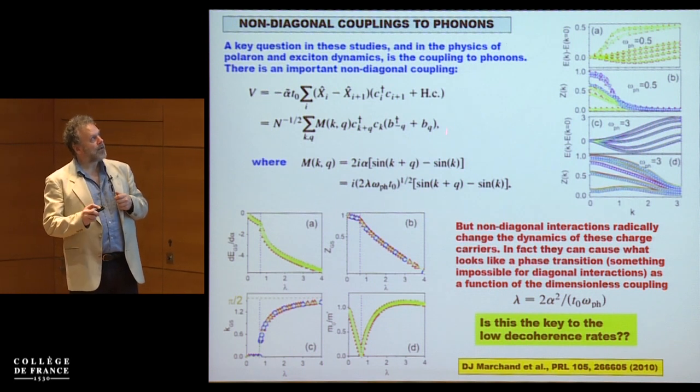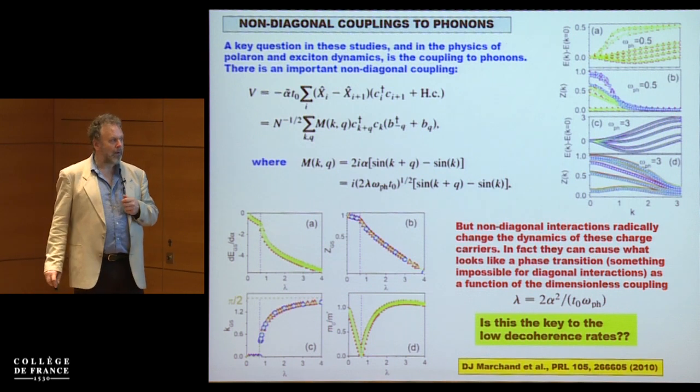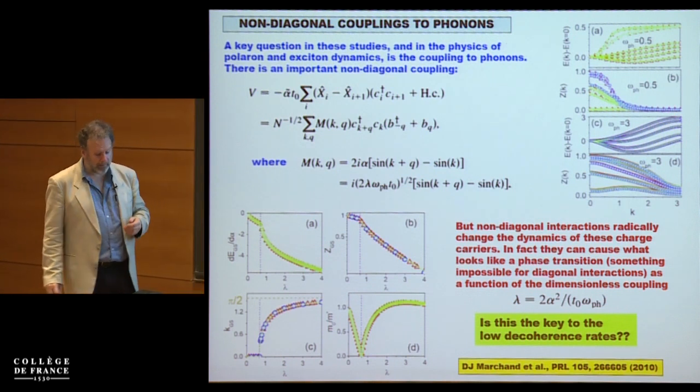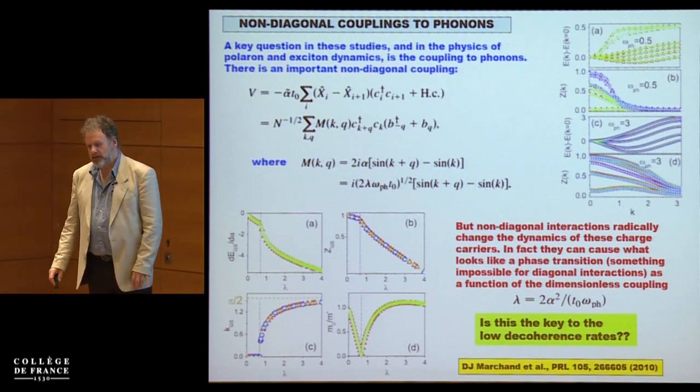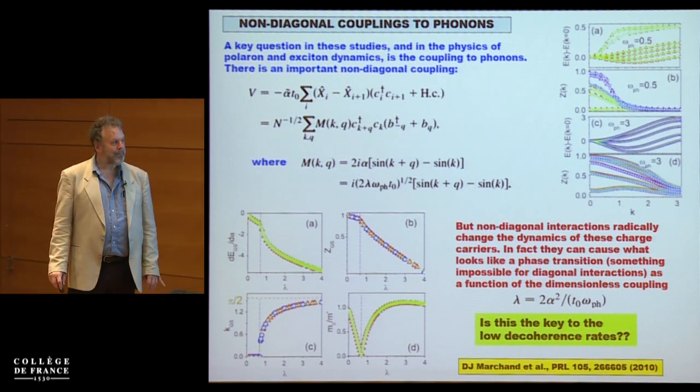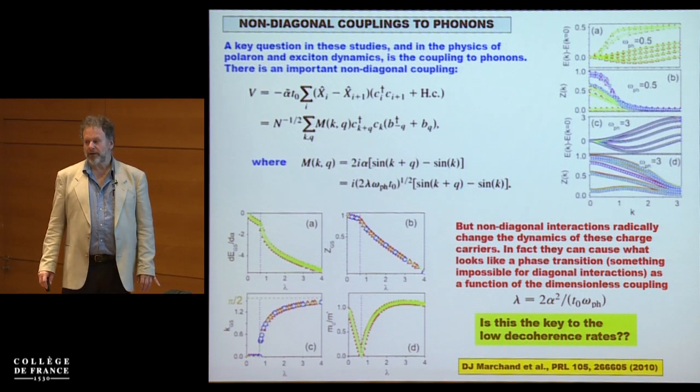Anyway, this is simply the mathematical description of these interactions, which I'm not going to go into, but the surprise was, and amazingly this wasn't known until we did this work, that the effect of the non-diagonal coupling to phonons is to actually cause a phase transition in the system.